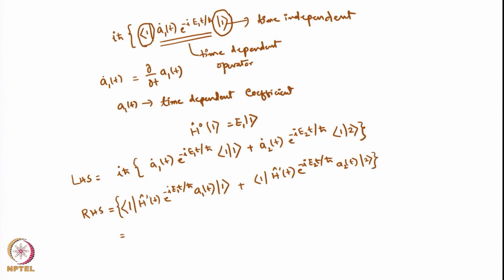Now this I can slightly rewrite because of the arguments that I used, and it will be equal to A1 of t e to the power of minus iE1t by ħ ⟨ψ1|H prime of t|ψ1⟩ plus A2 of t e to the power of minus iE2t by ħ ⟨ψ1|H prime of t|ψ2⟩.